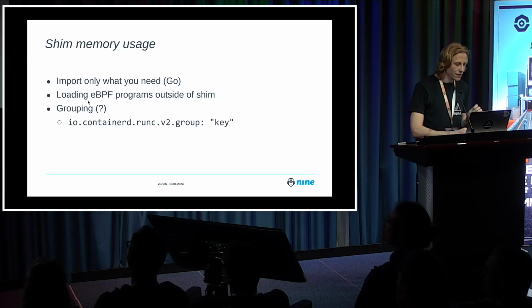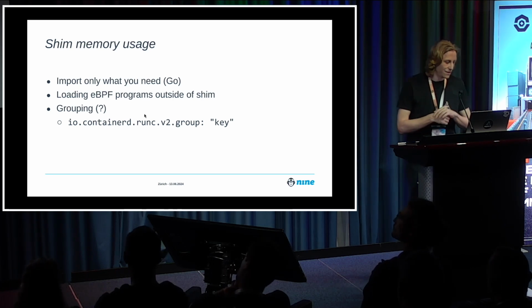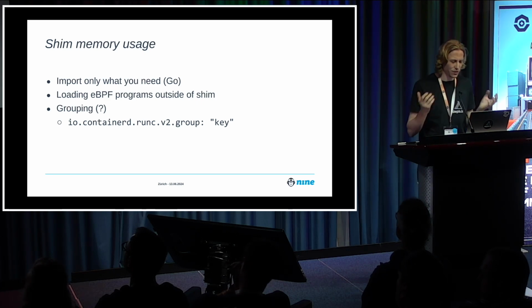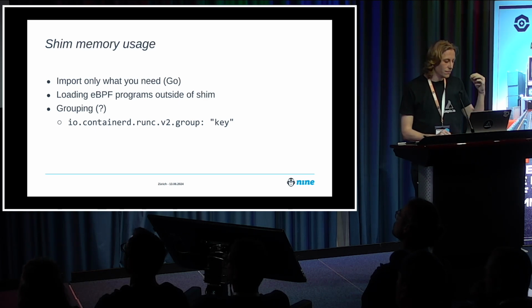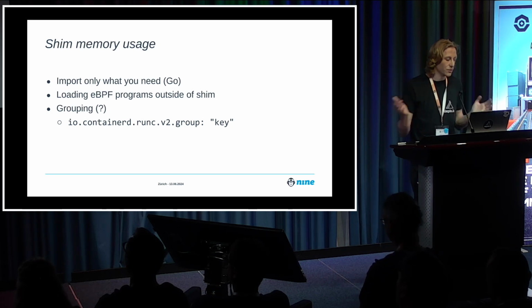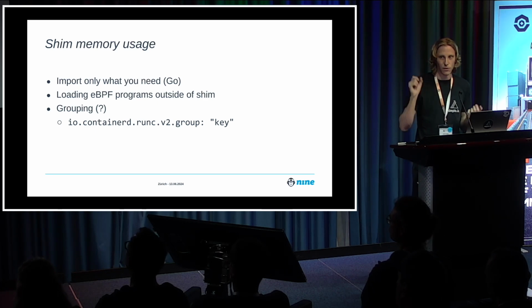And there's a little thing called grouping. I'm not too sure about that yet, but I found this in Containerd. You can set this little key here, and then multiple pods can use the same shim. In theory, that sounds pretty good because now we can group pods together, and you have just the overhead of one single shim.